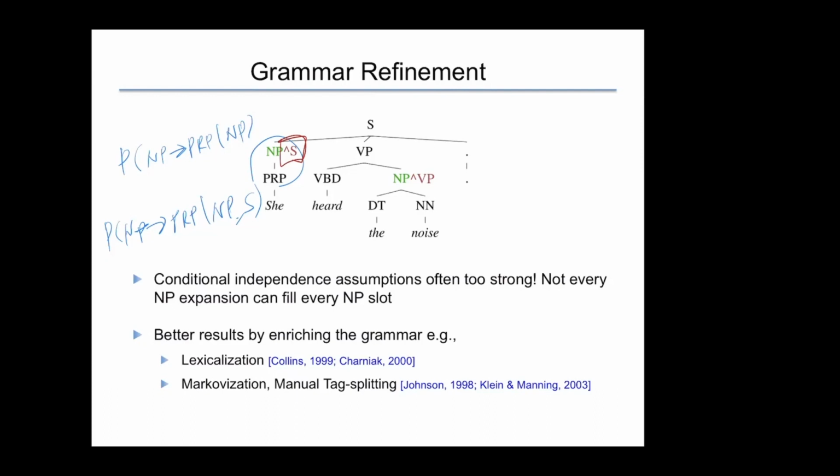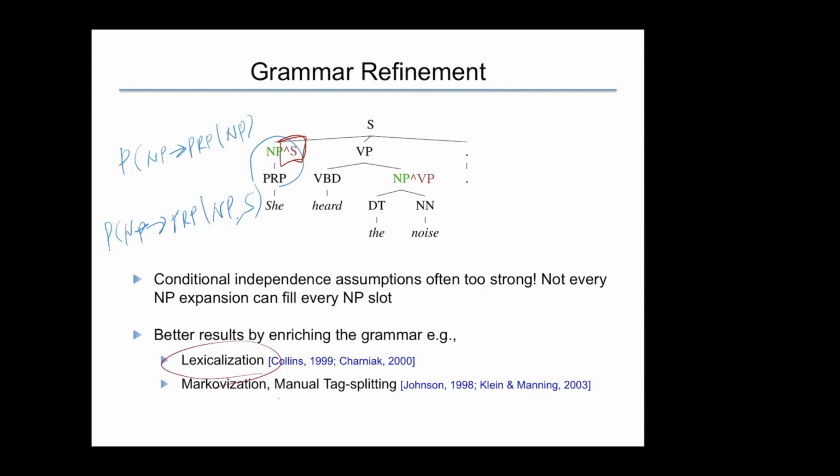So I think they used the term lexicalization to refer to this, if I'm remembering correctly. And the difference between lexicalization and manual text splitting is that instead of giving this hat to indicate what's above, they actually try to explicitly differentiate between different kinds of noun phrases. And that will be, of course, determined by the humans. So that's why it's called manual.